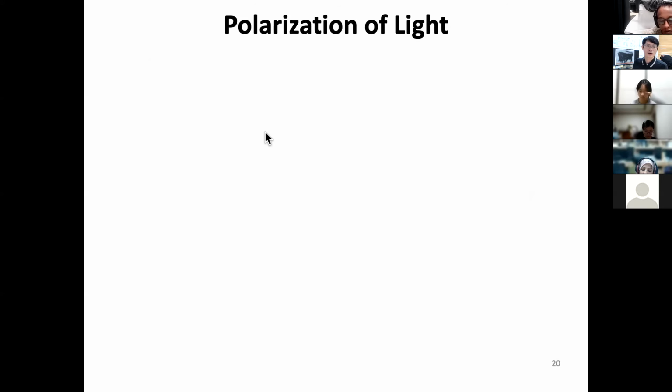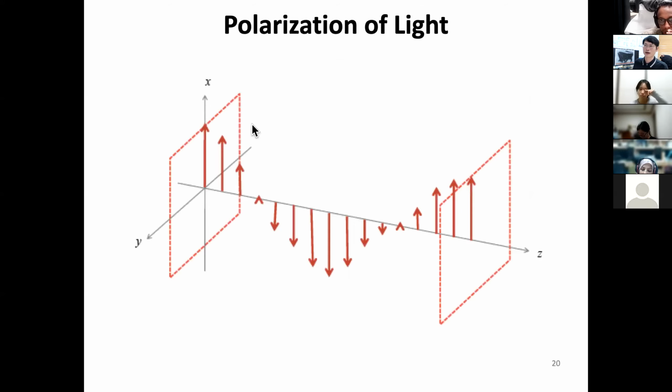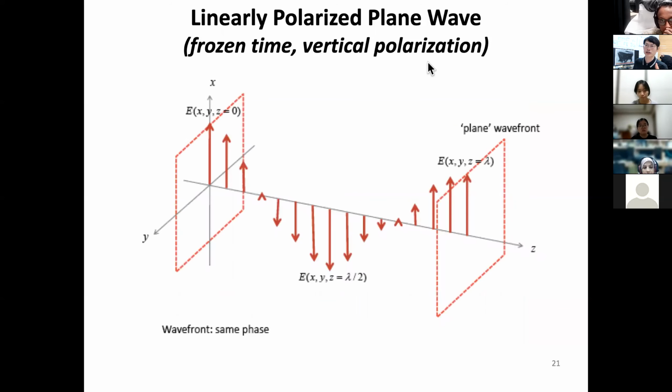For that, we want to discuss a little bit about polarization. Let me come back to that electromagnetic plane wave propagating in the Z direction. We freeze the time. This is the electric field of vertical polarization. If I freeze the time at Z equals 0, then at Z equals a lambda, it's coming back.